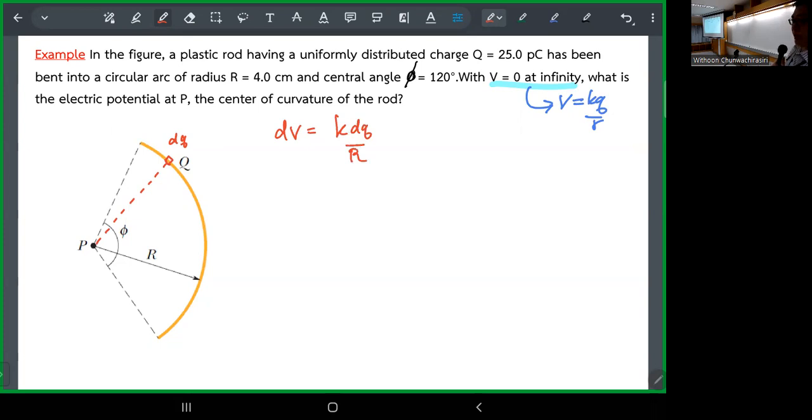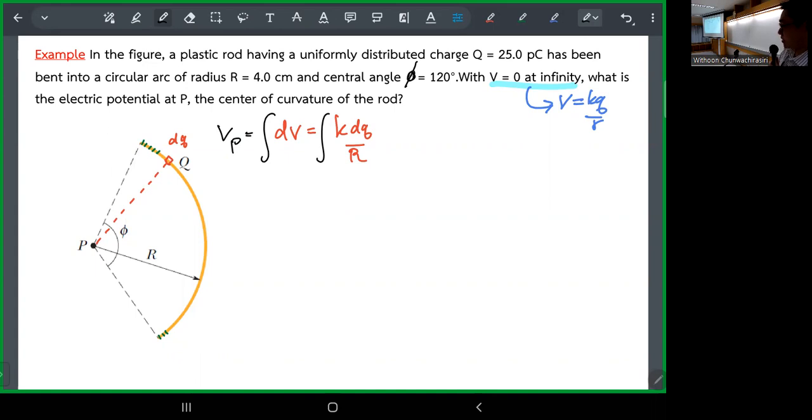The complications that we had with the electric field disappear now, because you slide dq from the top to the bottom, or from the bottom to the top, it doesn't matter. The potential still has the same value, k dq over R. So all you need to do is sum these together, and you will get the net potential at point P. But wait a second. k is constant.